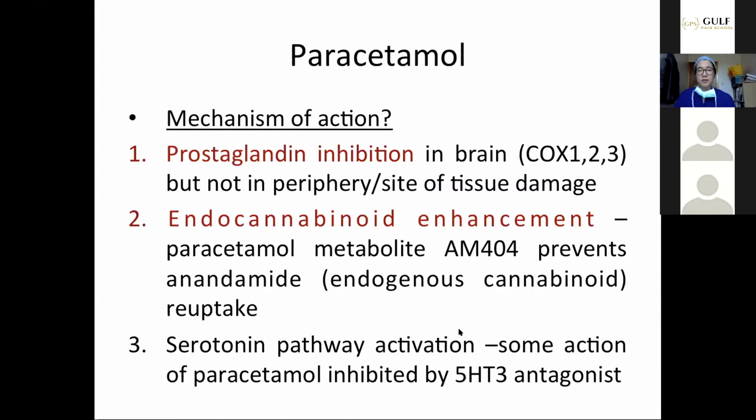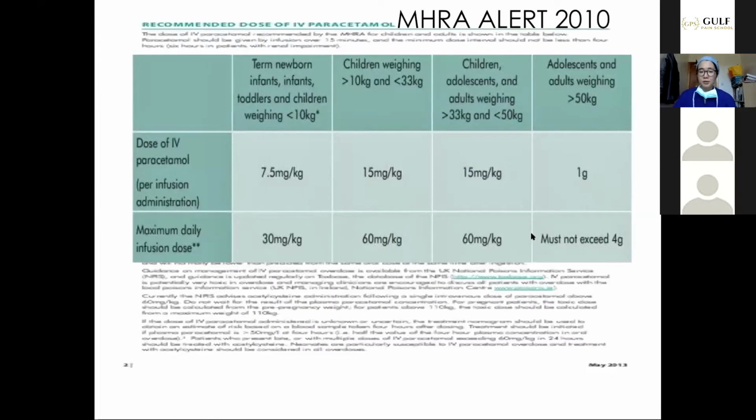So we start off with paracetamol. The mechanism of action is not very clear, as everybody knows. If you look at the BJA Education, there are three proposed mechanisms. It could be prostaglandin inhibition in the brain, or it could be endocannabinoid enhancement.